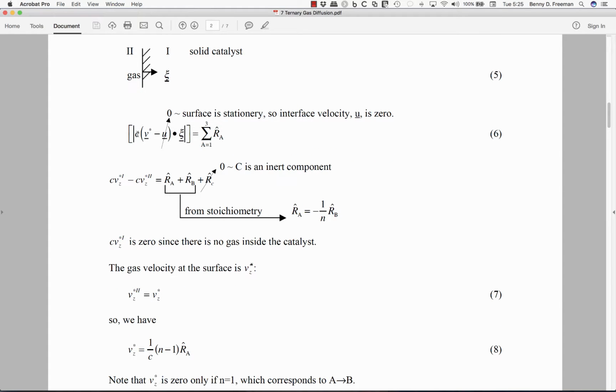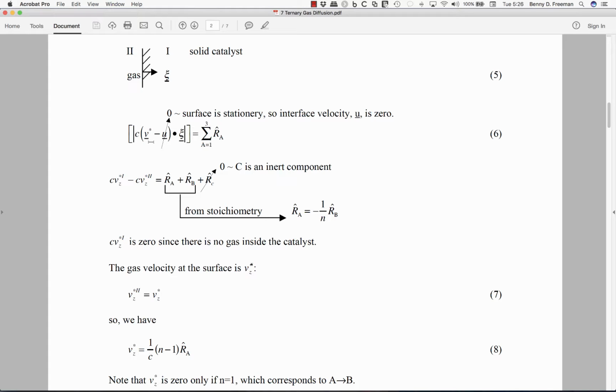Applying the meaning of these brackets, I evaluate the term in brackets in phase 1, that is the direction in which the unit normal at C is pointing, and then subtract from it its value in phase 2, or the gas phase in this case.